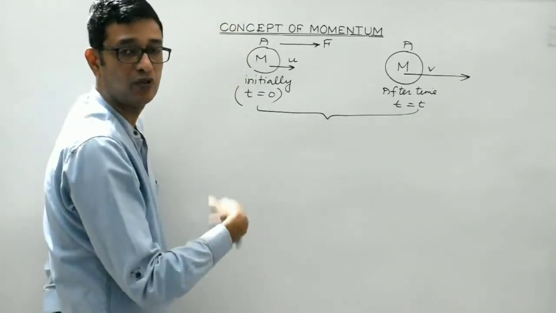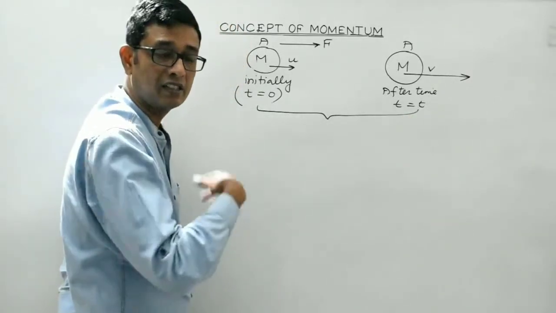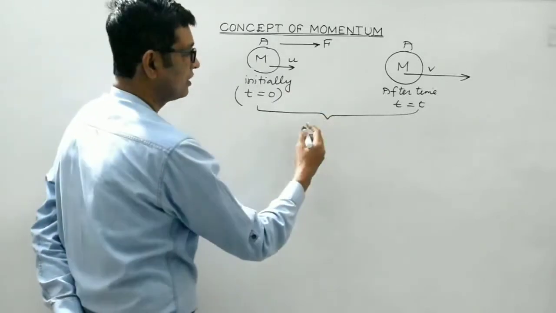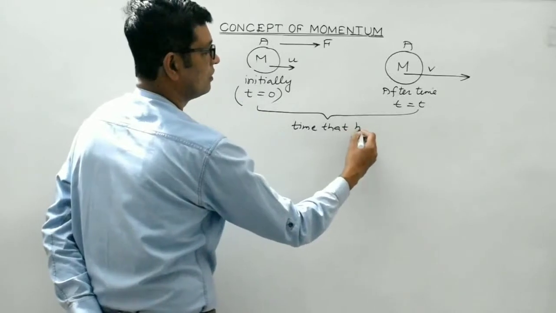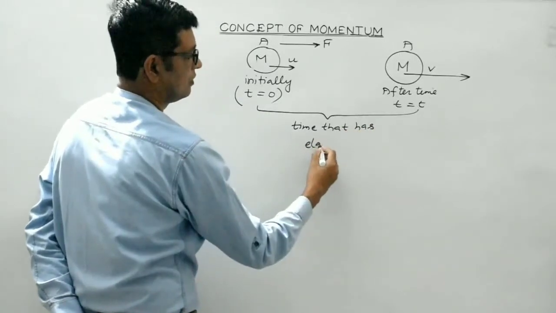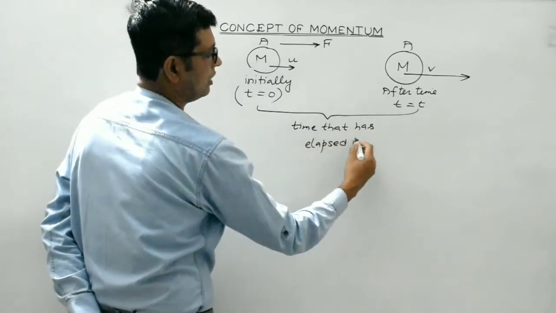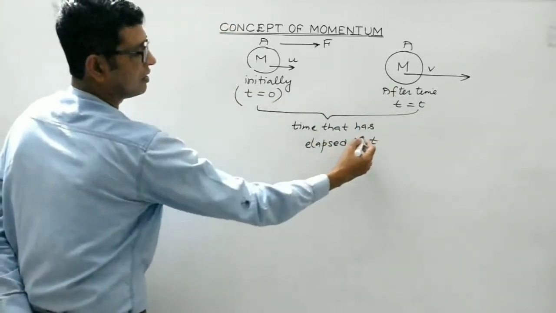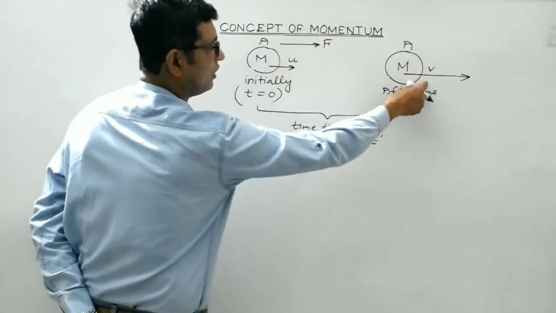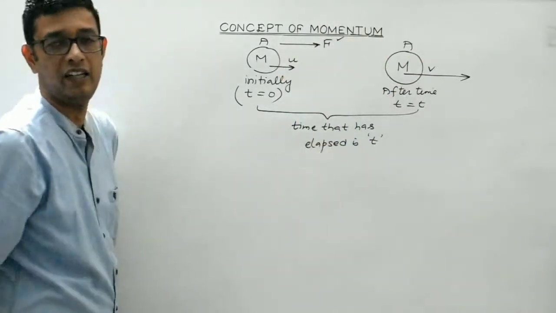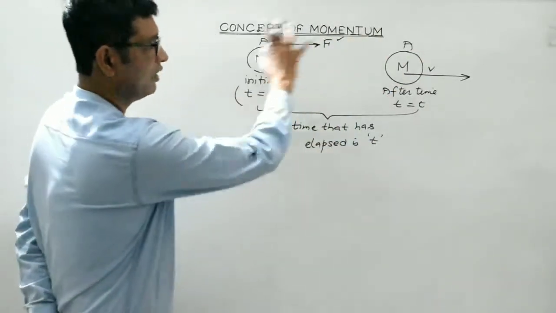What is the time after which the body is able to change its velocity from u to v? That is time t, t minus 0, that is t. So after time t, the body is able to change its velocity from u to v under the influence of this force F. So this is the intro, right?